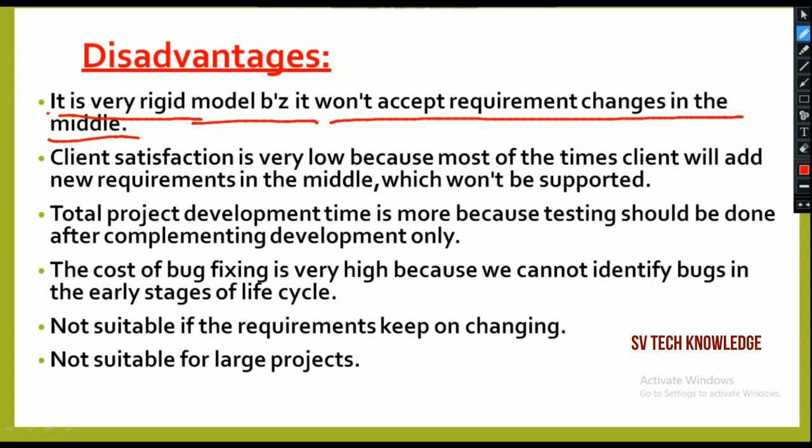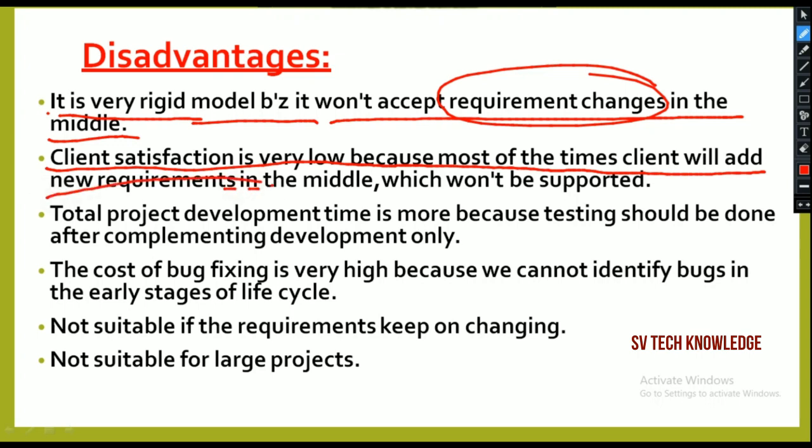Don't accept any requirement changes in the middle; you have to do them in the earlier stage only. Next, client satisfaction is very low because most of the time the client will add new requirements in the middle. While doing the project, the client may think of adding features in between, but it won't support adding features or requirements in between in the process.